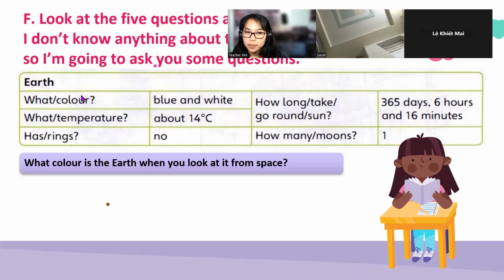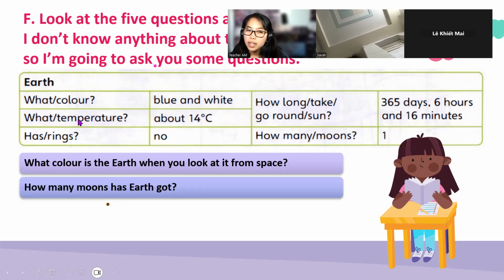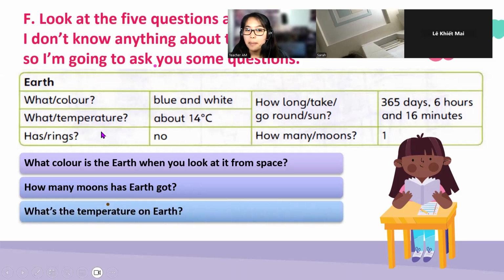So you have to ask a complete sentence, and of course, the grammar is correct. So instead of saying what temperature, we can say, what is the temperature in our planet Earth? Then we can say it's about 14 degrees Celsius.